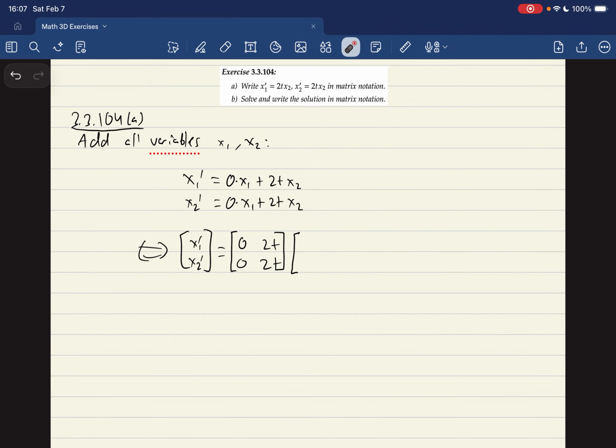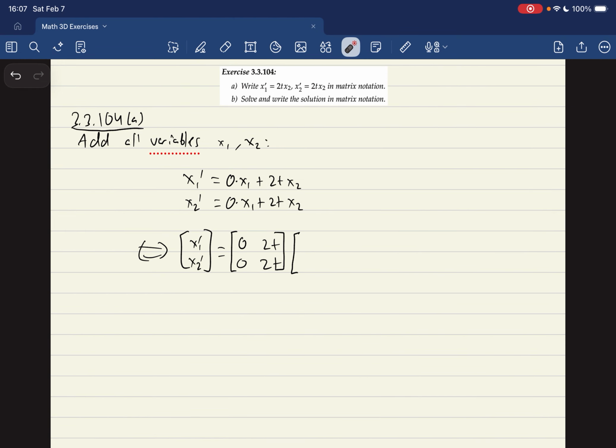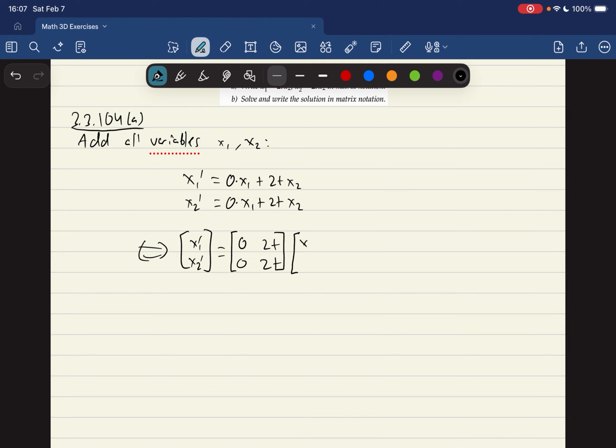And because on the left side I've set it up so that x1 prime is at the top and x2 prime is on the bottom, I'm going to take my functions x1 and x2 and order them in the same way, so it'd be x1 and then x2.